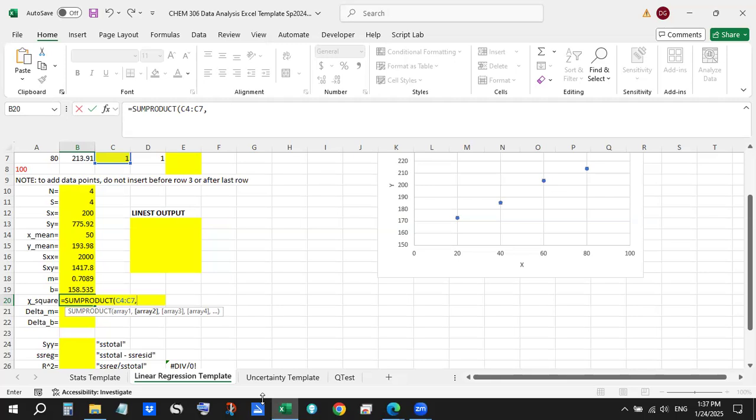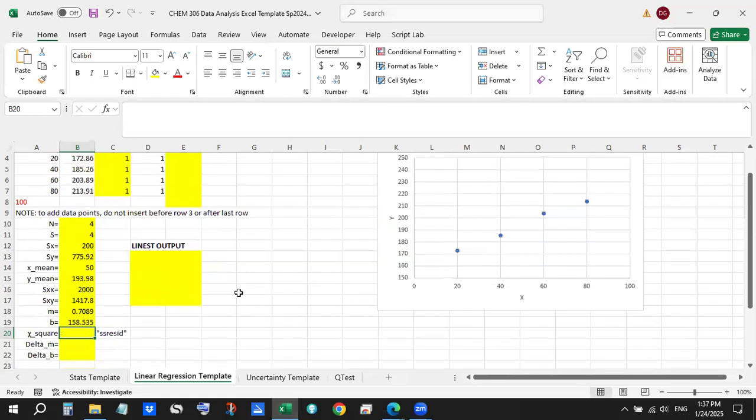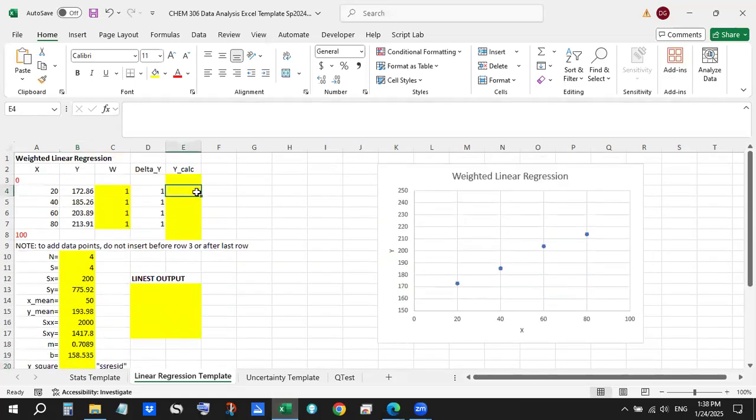Now, before I do that, let's calculate the y values first. You'll notice over here, this is our calculated y values. We can calculate these now.